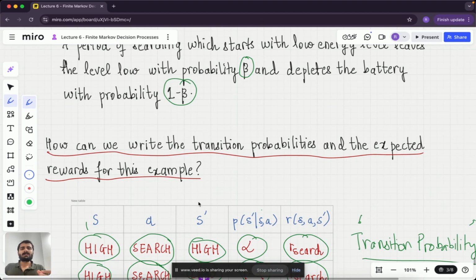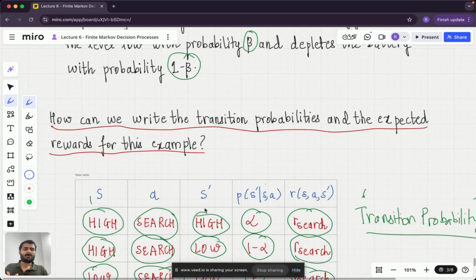The third column is the new state in which the robot is moving into after it takes an action. The fourth column is the probability that the robot goes into this state after being in this state and taking this action. And the fifth column is the reward that the robot gets after being in this state, taking this action, and going to the new state.